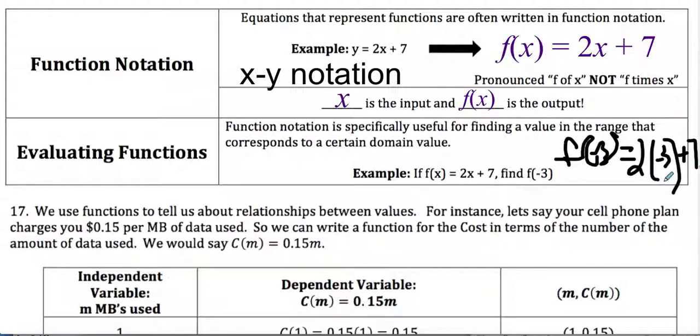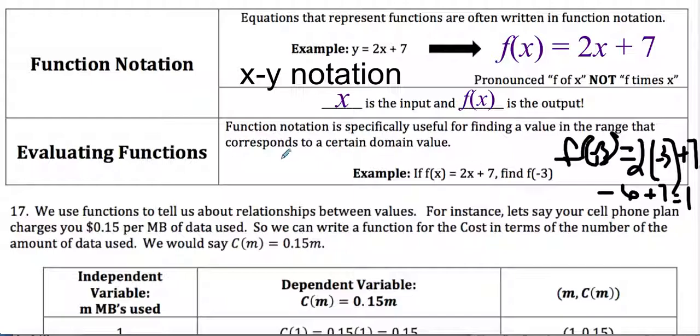So 2 times negative 3 gives us negative 6. And then negative 6 plus 7 gives us positive 1. So what that means is our input was negative 3, and our output was 1.